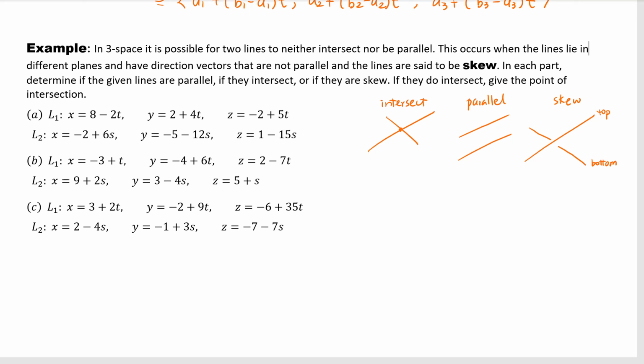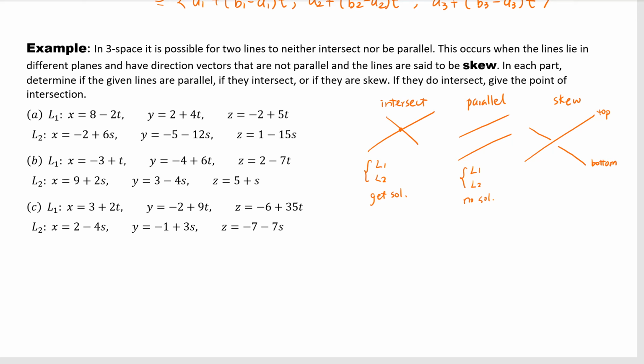What is special about them? Intersect means you have a system of equations, and you can get a solution for it. Parallel means that the system of equations has no solution because they don't intersect. And what's special about parallel?